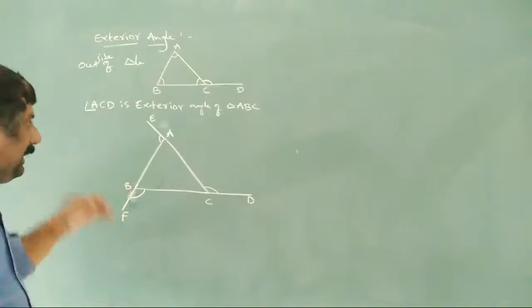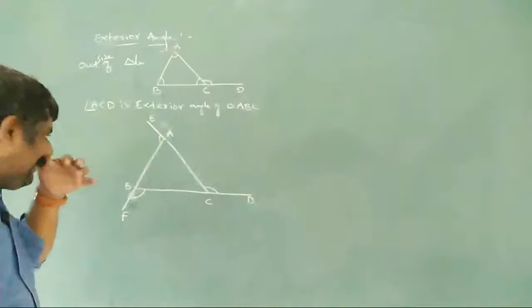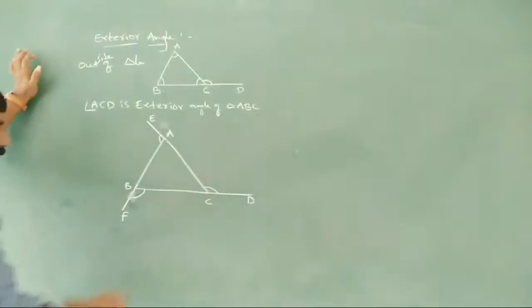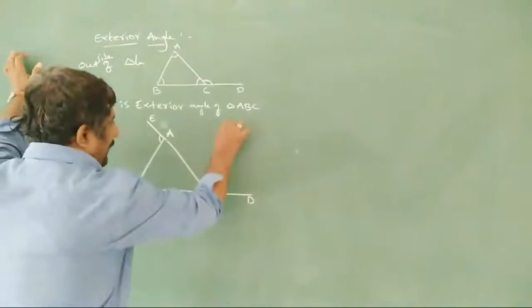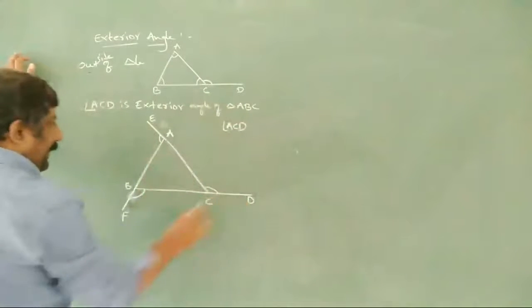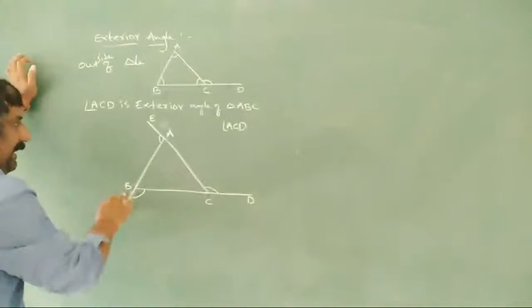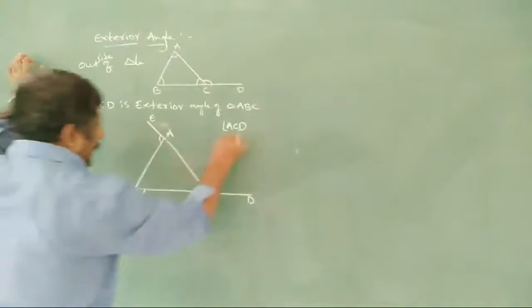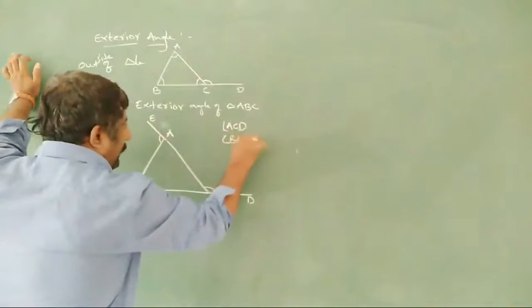So how many exterior angles are forming here? 3 angles are forming here. What are those? First one is angle ACD. Second one is angle BAE.